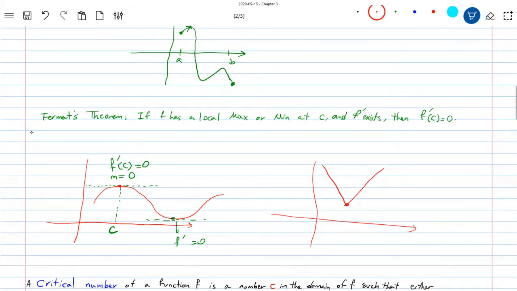It's a breakpoint. So this point, even though it's a local minimum, the derivative doesn't exist at that point. So we cannot use this Fermat theorem. Fermat theorem is only if the derivative exists, then definitely the derivative is 0. So if you have a local maximum or minimum, and if the derivative exists at that point, then the derivative must be 0.